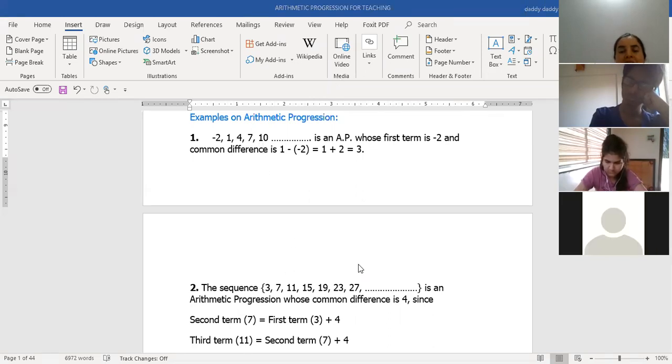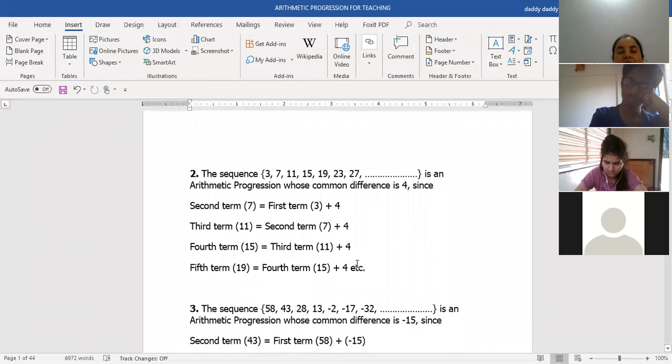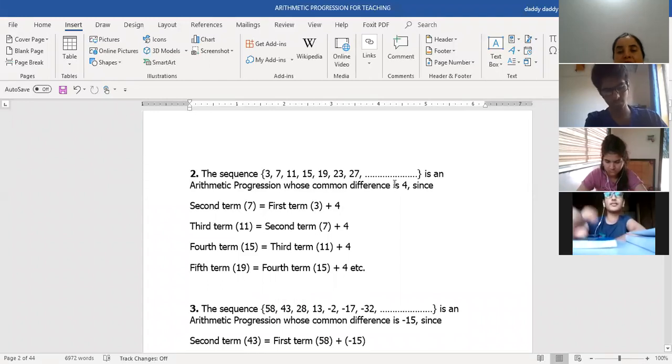Now let's take another sequence. 3, 7, 11, 15, 19, and so on. Again, they've not given all the terms, they've just given the first few. And they're telling me that this sequence is an AP whose common difference is 4. They have now over here given me the common difference.